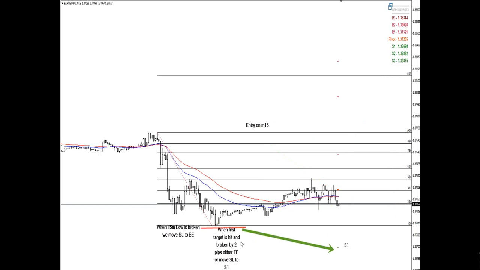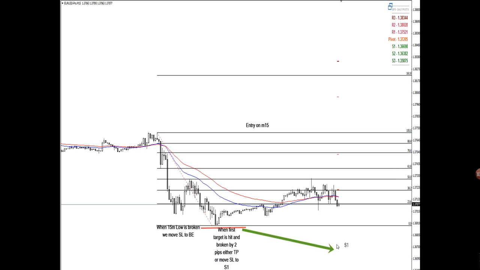When first target is hit and broken by 2 pips, this is the first target, because you didn't take your position out, you still wait. It's a psychological thing, I know, but you need to be prepared for that. When S1 is hit, first target, and broken by 2 pips, you either make your profit, because you know this is scalp swing, but it's still an intraday position, because it's good for some 30 pips, right? 37, let's say 25, and this is 36.70.